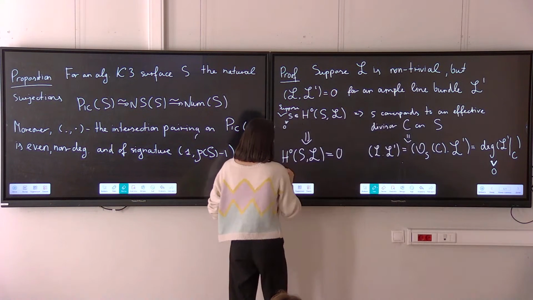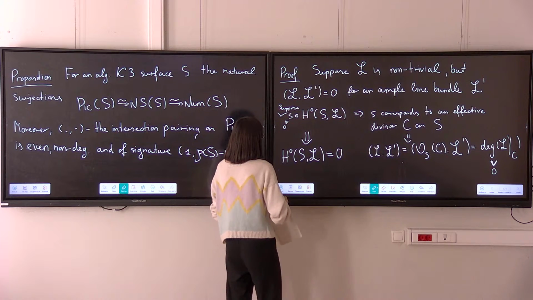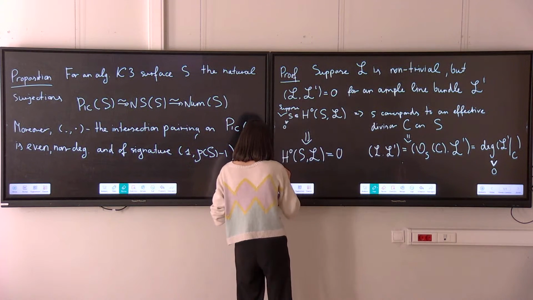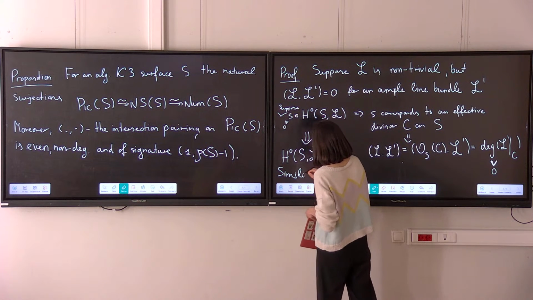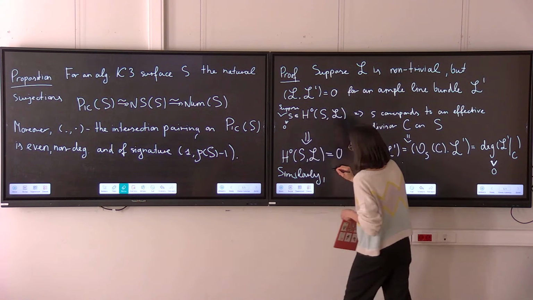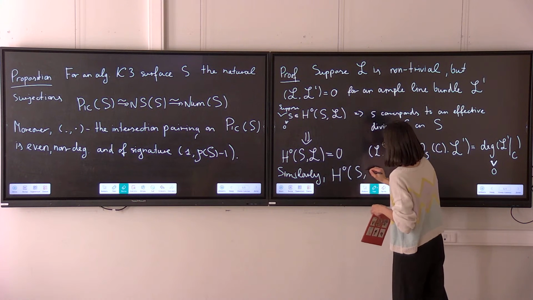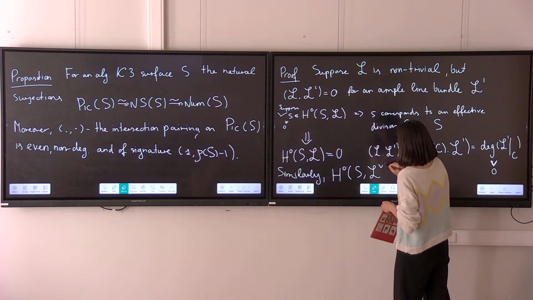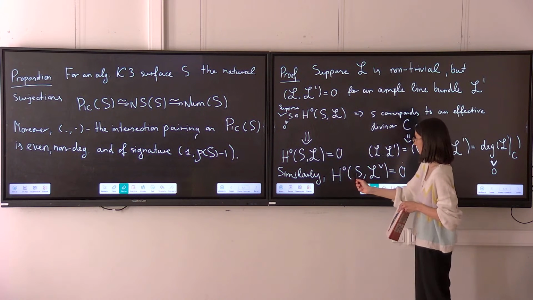And in the same fashion, for the dual line bundle, we also don't have global sections of L dual.